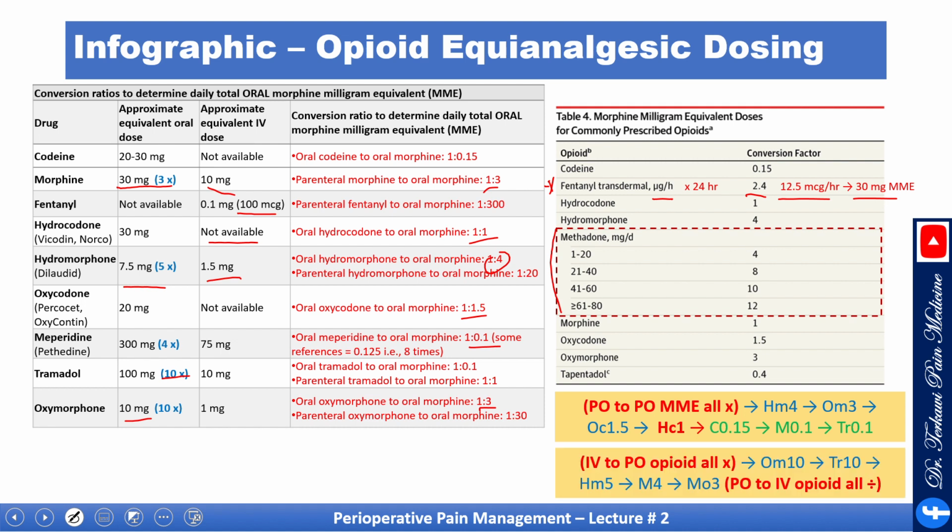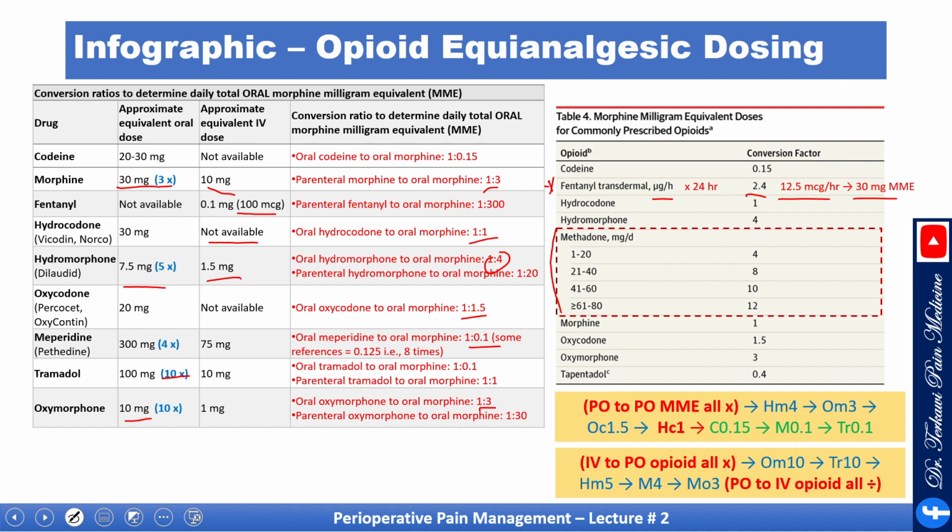Now, if you want to convert the same opioid from IV to PO, always multiply, because it should be higher when it's oral because of the bioavailability. So oxymorphone is 10, tramadol 10, hydromorphone 5, meperidine 4, morphine 3.